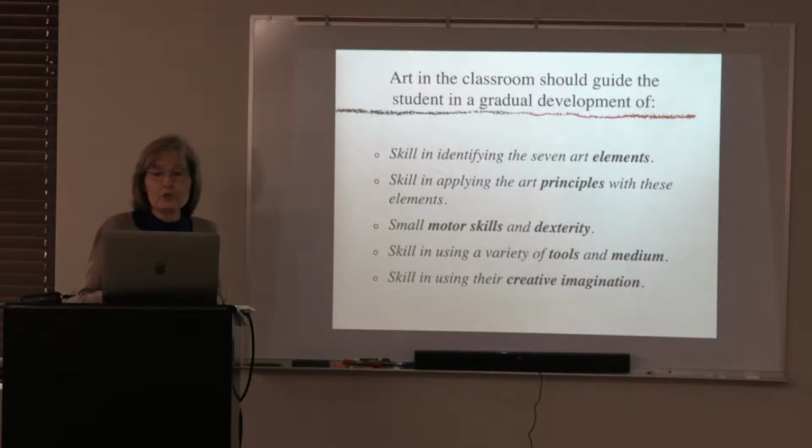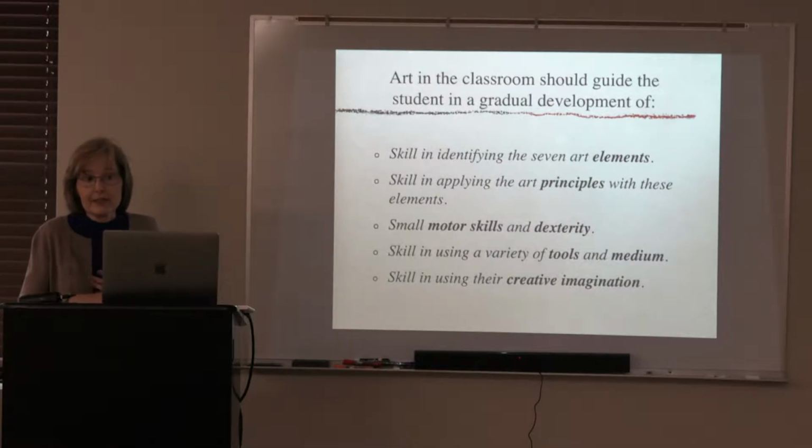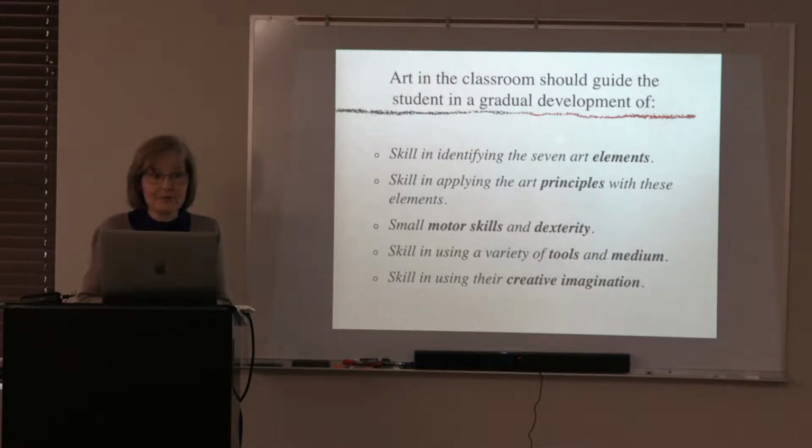Now, art in the classroom should guide the student in a gradual development of these following things. They should be able to identify the 7 elements of art. They should be able to identify the principles of art with these elements. Sometimes even in 7th grade, I have found that they cannot cut properly. So you're developing motor skills with them, or dexterity, tying knots, say like in a craft like macrame, teaching them how to tie.